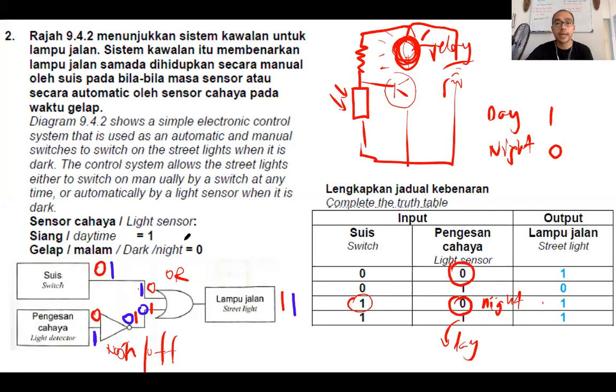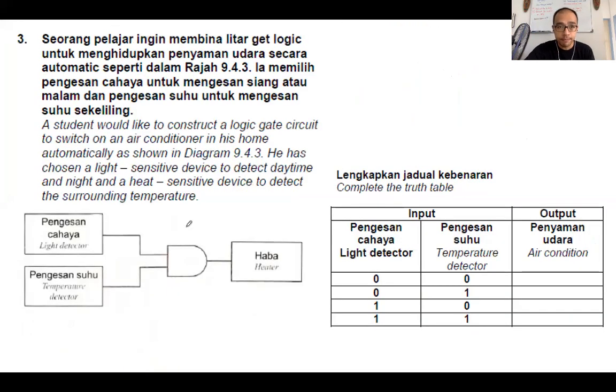Okay, that's the second one. The third one is a student who would like to construct a logic gate circuit to switch on an air conditioner in his home automatically. Who doesn't like that? Automatically turn on, turn off. If you have an aircon at home, you will know that you can set it in terms of time, until a certain time, then it will turn off by itself.